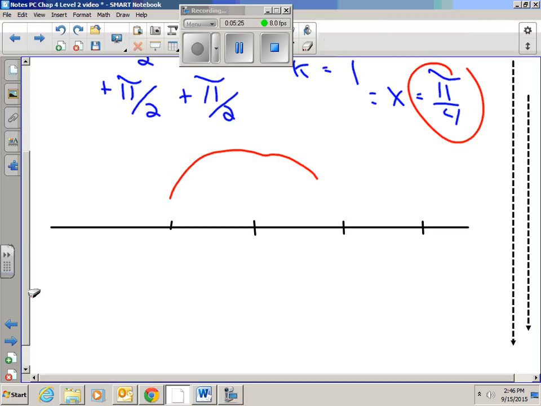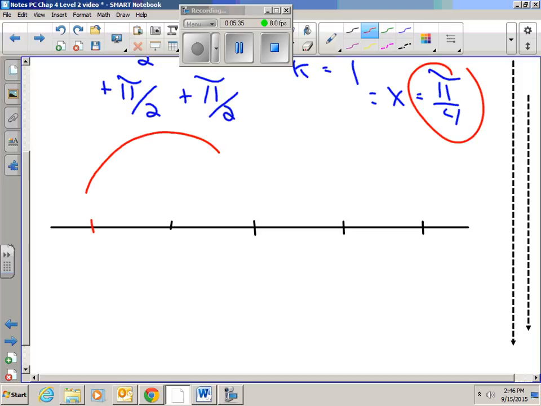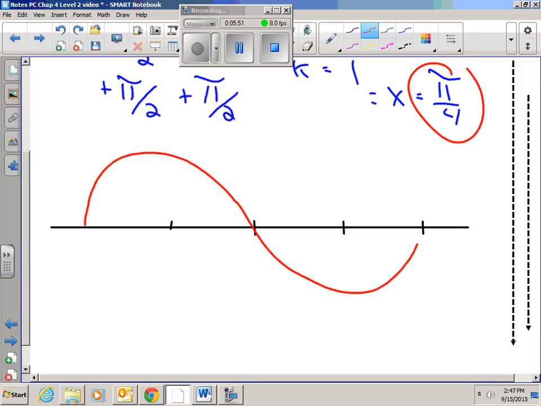A sine curve that looks something like that. That's really bad. I'll just go like this, which is easier. Okay, there's my sine curve.